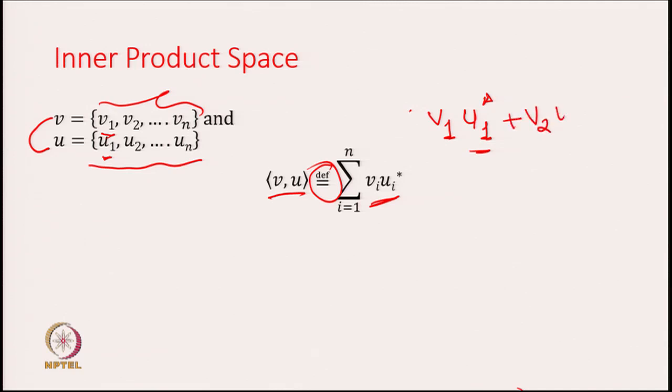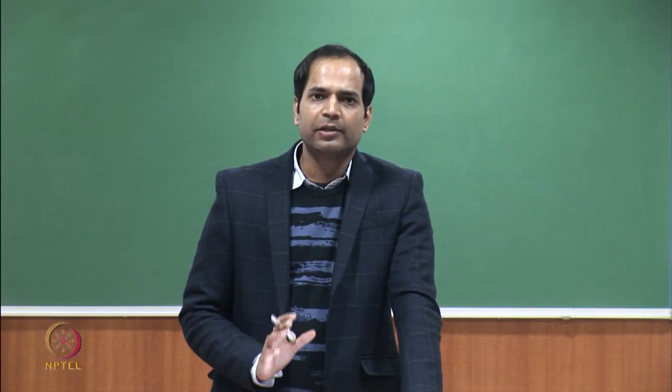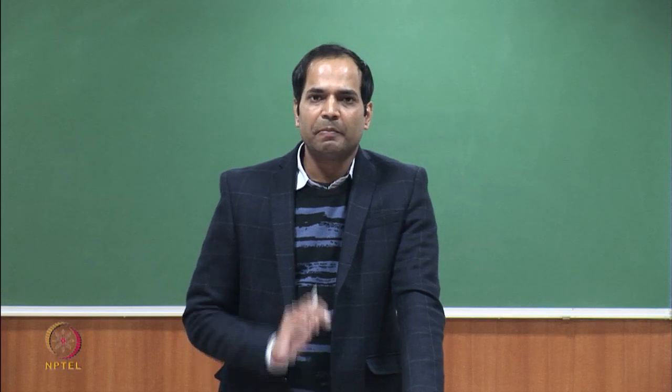So, I need to collect similar products and go on and on. This is what this equation represents. I need to multiply v_i with u_i conjugate, and then sum this up for all values of i. So, this is by definition the inner product operation between two vectors, where I am thinking of the vectors as consisting of n complex or real numbers. Of course, if these elements are real numbers, then the conjugate does not have any influence, but if they are complex, then taking the conjugate makes a difference.